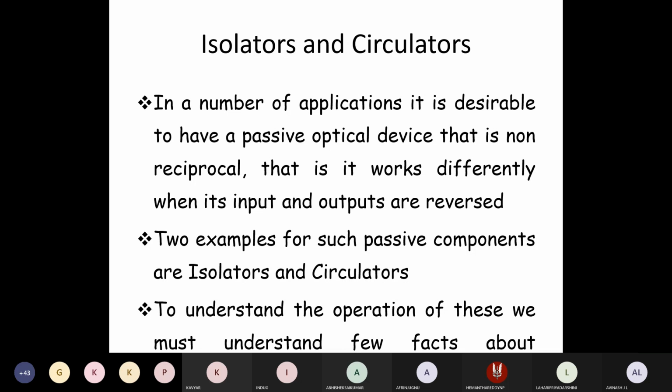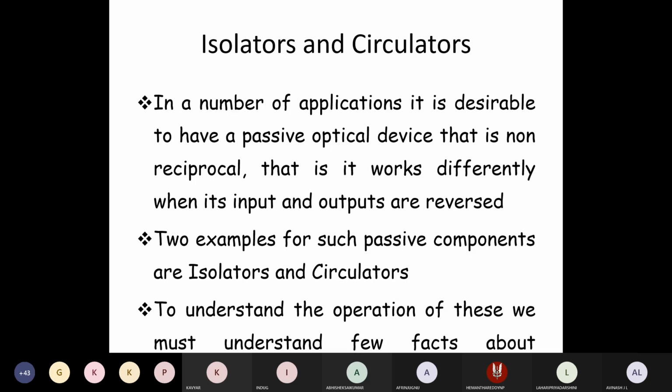These orthogonal properties, you people are very much aware of from electromagnetic waves. Here we'll understand the polarizer. What do you mean by polarizer? The polarizer is a device that transmits one polarization state and blocks the other.